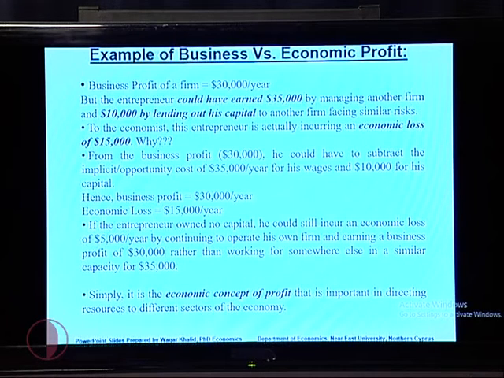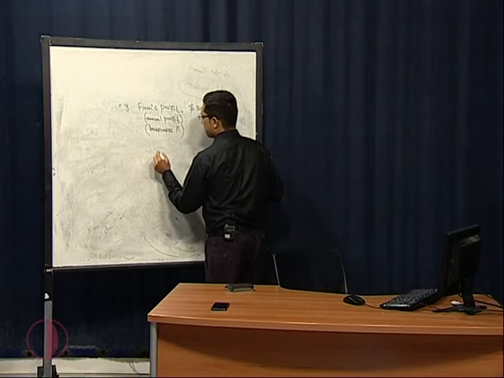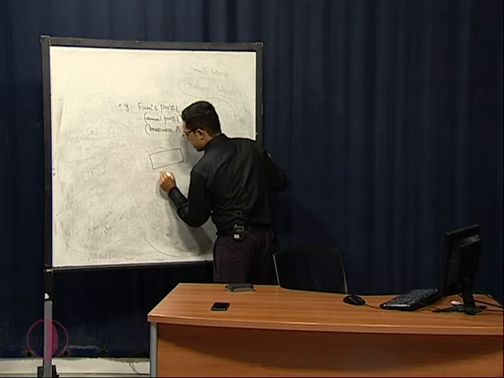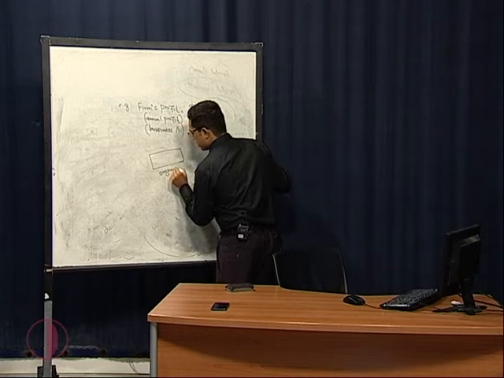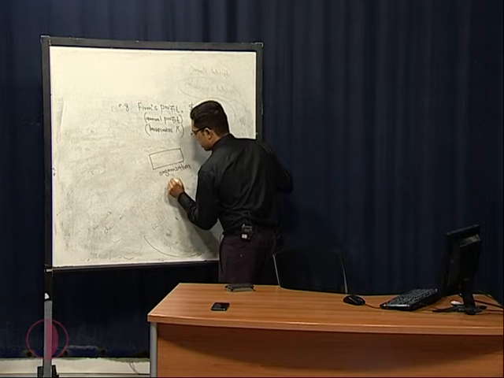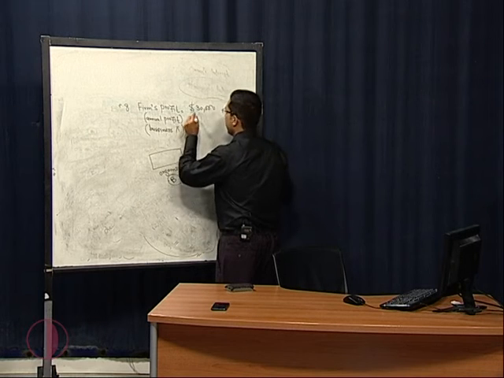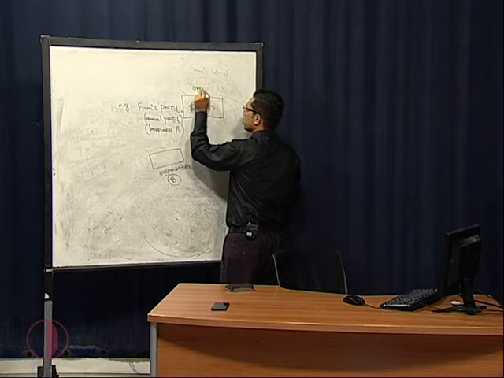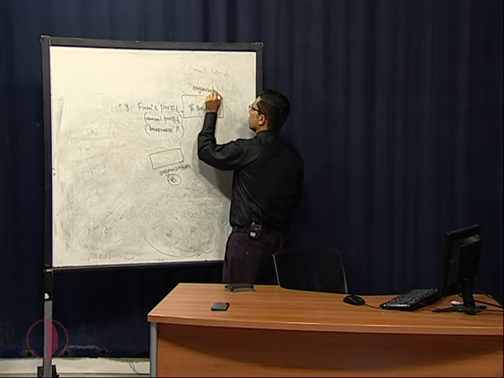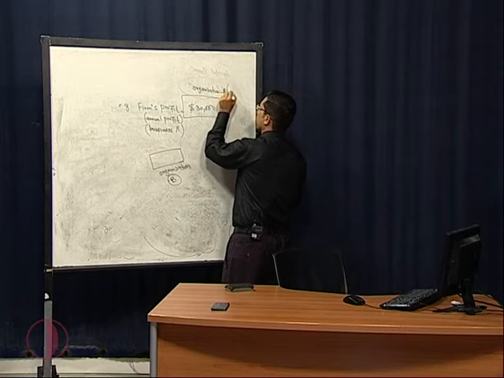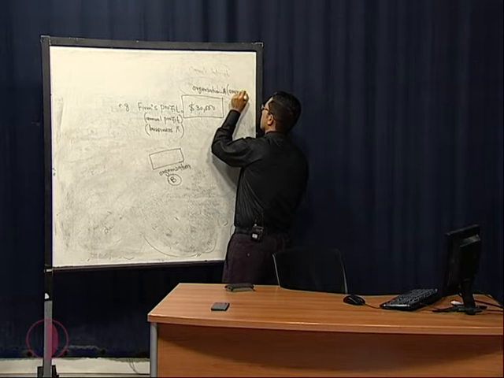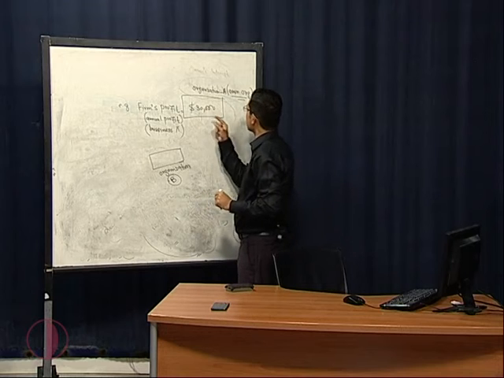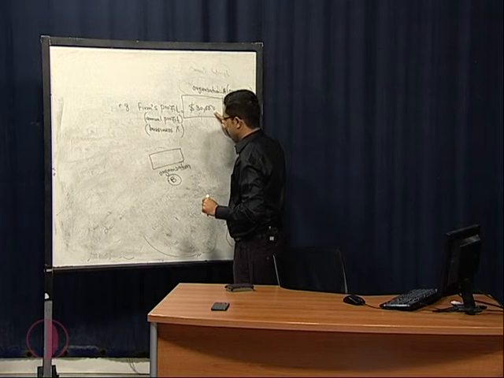Suppose this manager performed his duty in another organization, for example organization B. This is the profit from his own organization, organization A, $30,000.